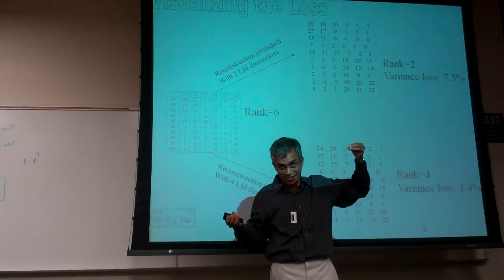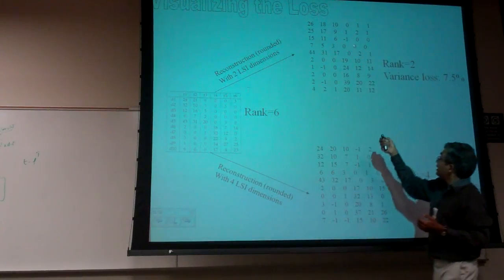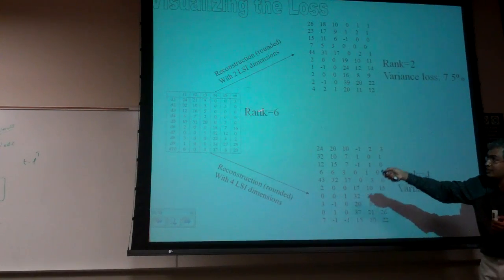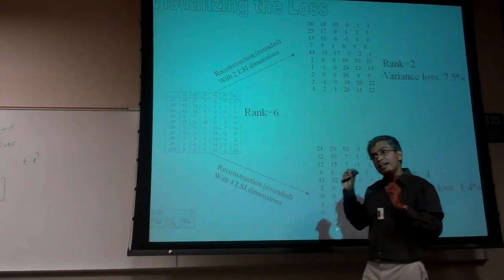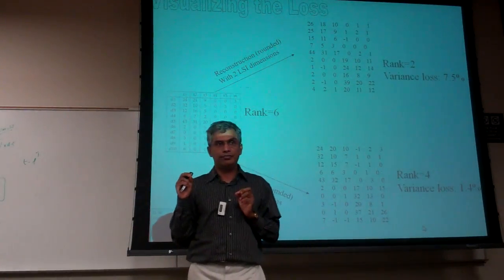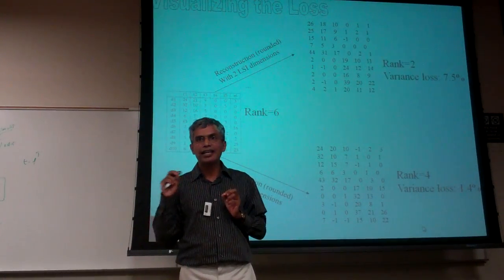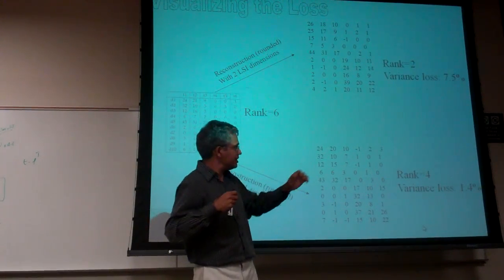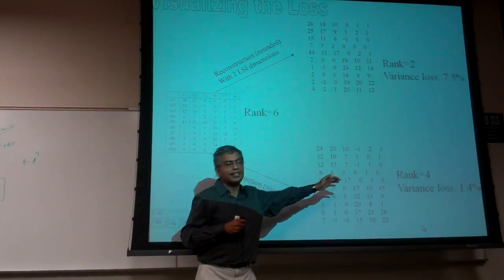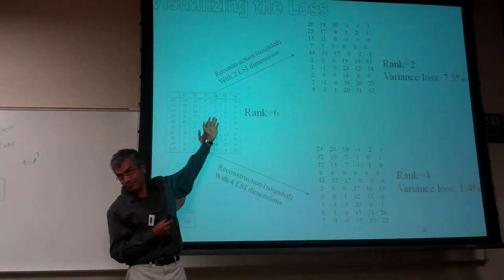It's not by enumeration, that this will have the lowest distance to this matrix among all 10 by 6 matrices of rank 2. Among all 10 by 6 matrices of rank 2, this is the best rank 2 matrix. And this is the best rank 4 matrix. And this is the best, of course, rank 6 matrix.